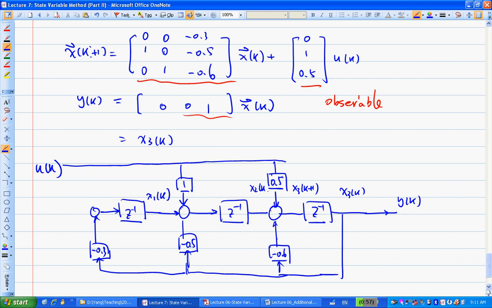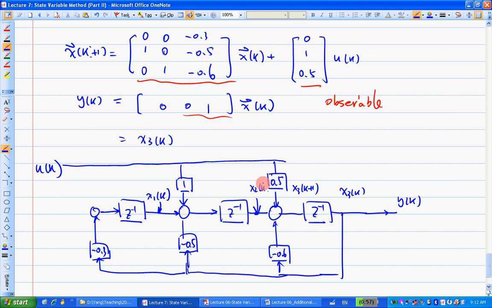Let's see if we can verify that they satisfy the state space equation here. This is x3, this is x2, and this is x1.